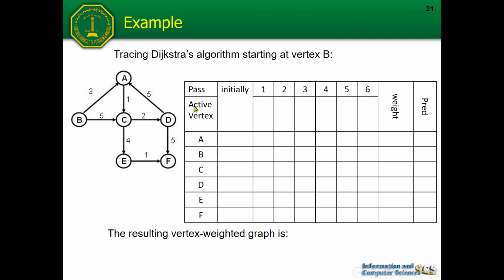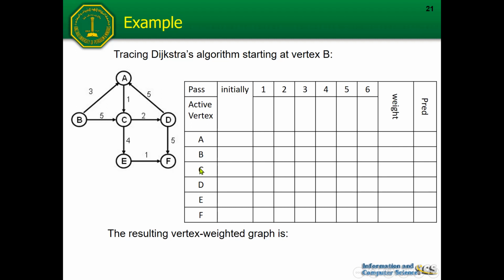Okay. Then there is the active vertex. The active vertex should be written in this row. Okay. Then initially means what will be the initial state of the Dijkstra algorithm. The weight is the weight from the corresponding vertex.